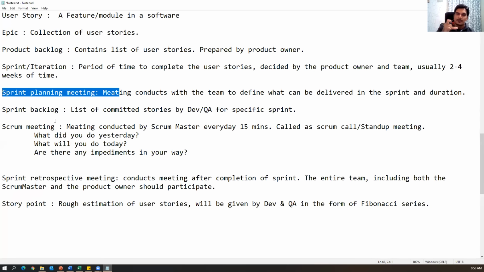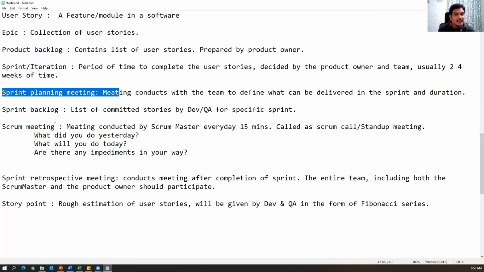For login, the developer says I require this much time to design and develop the story. And the QA says I require this much time to write the test cases, execute them, find the defects, and retest the defects. This much time is needed for this particular story. That is called a story point.